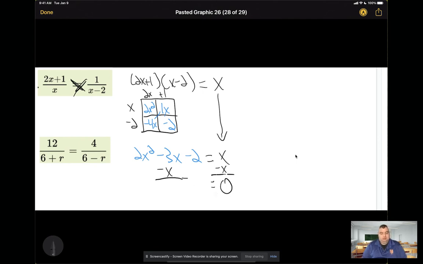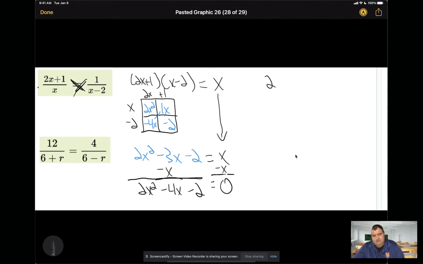So when I do that, I end up with 2x squared, negative 3x and negative 1x becomes negative 4x, minus 2 equals 0. So 2x squared minus 4x minus 2 equals 0.